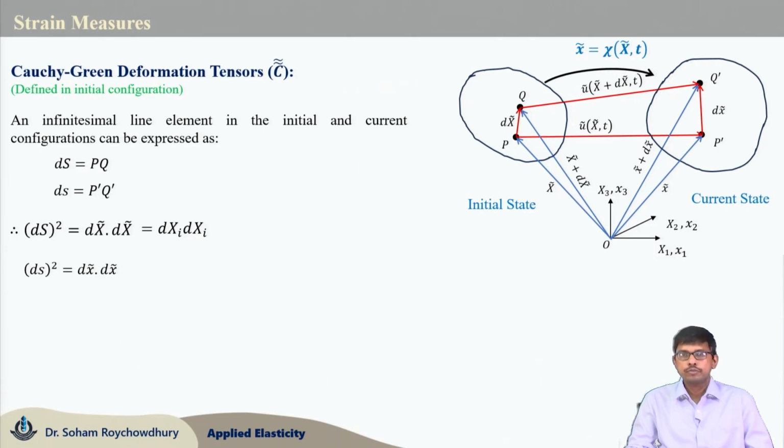Now, we also write d small s square, the square of the length of the line element in the current state, as d small x dot d small x.